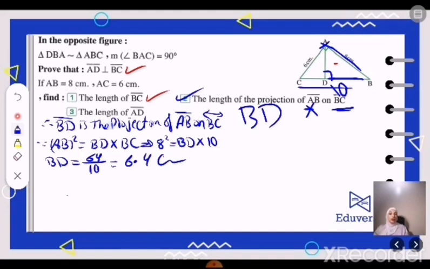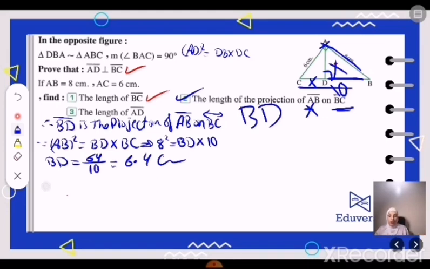Finally, here we need you to find the length of AD. We have many methods to find the length of AD. We can find it using Pythagoras in this triangle. Also, we can get the length of CD, and then we can get it using Euclid: AD to the power 2 will be DB multiplied by DC. If we have DB, it's 6.4, subtracted from 10, you will find DC. That's another method.